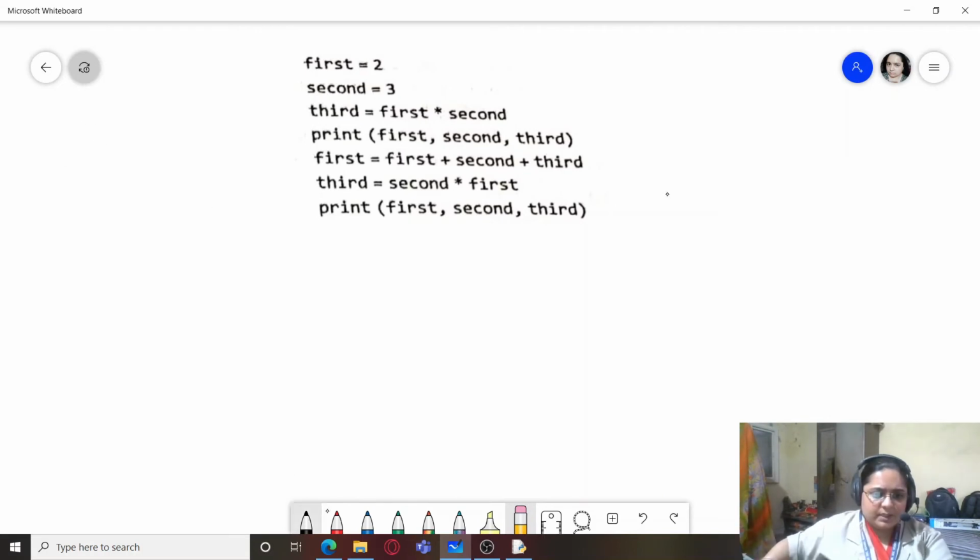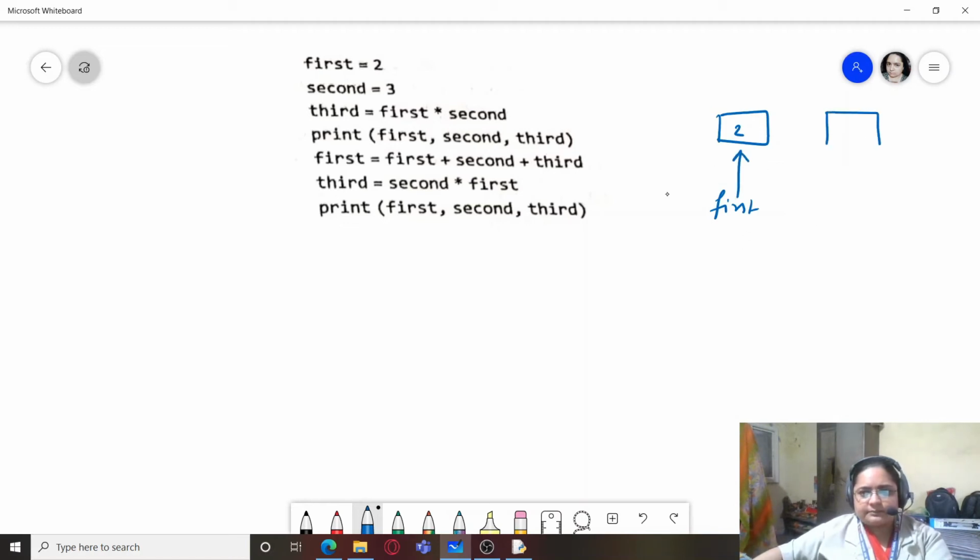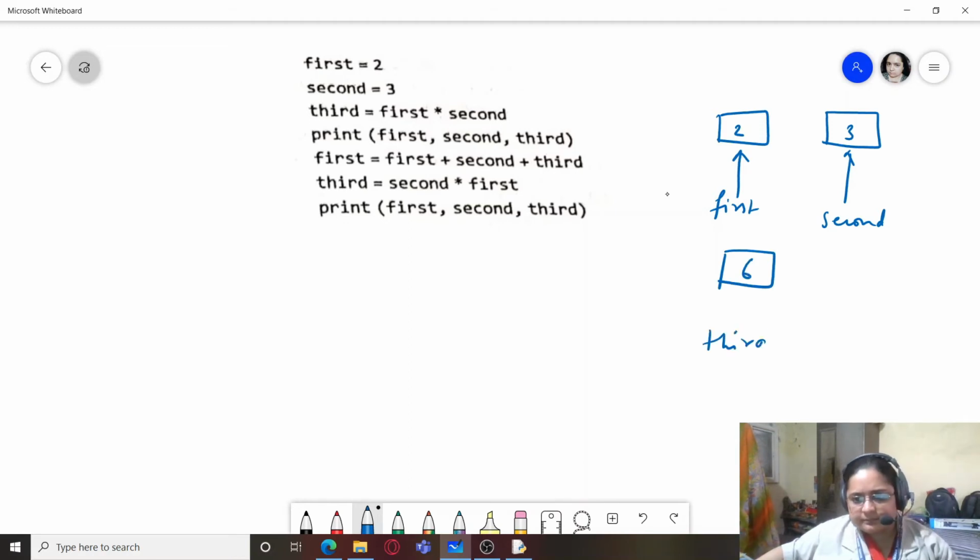So somewhere in the memory we might be having 2 and first is pointing to this 2 and second is 3. Third equals first multiplied by second. So 2 multiplied by 3, 2 3s are 6. So that will be what? Third. Now print first, second and third. So it would be printed as 2, 3 and 6.